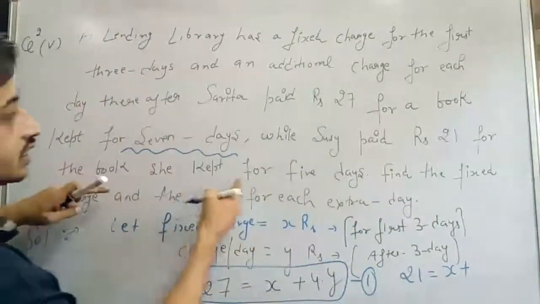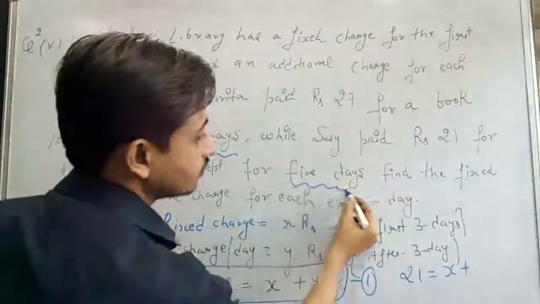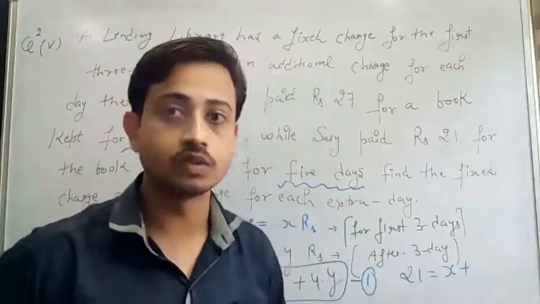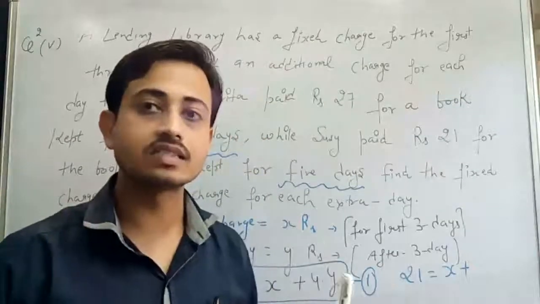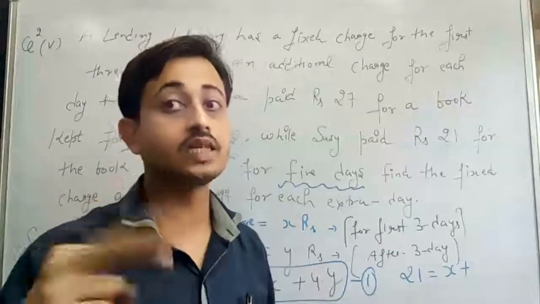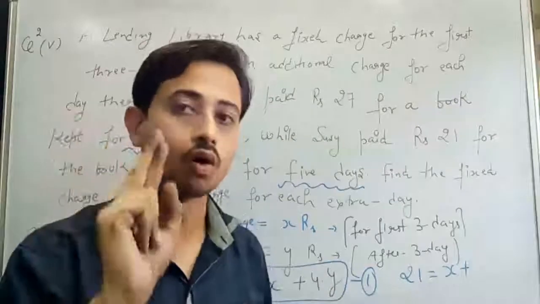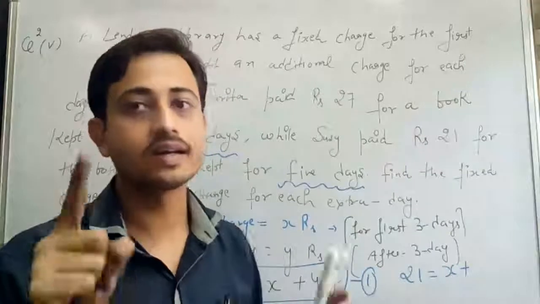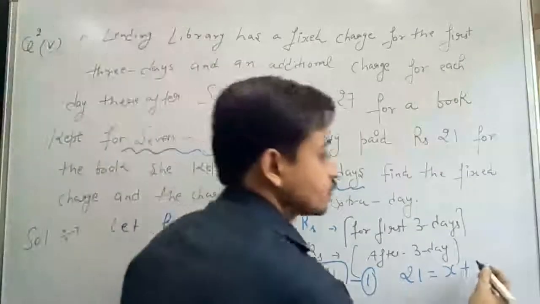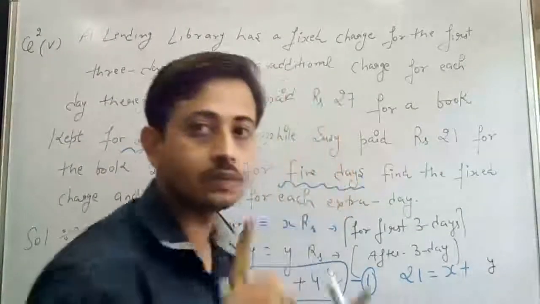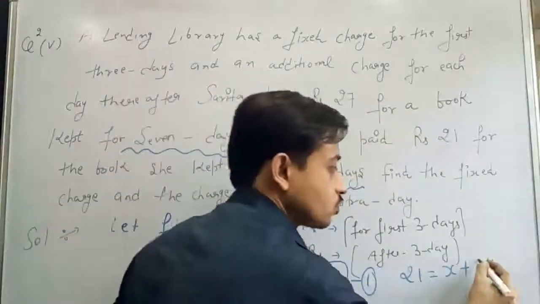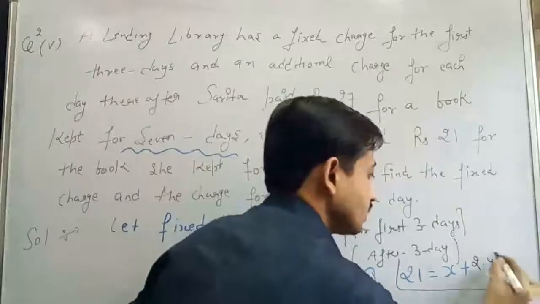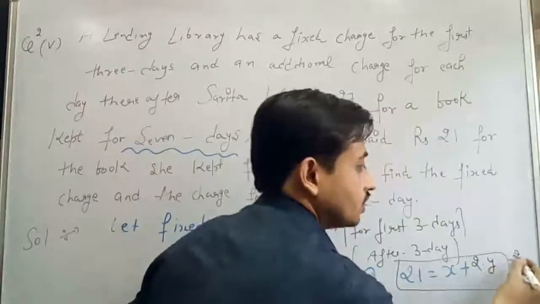She kept the book 5 days, so the remaining days are 5 minus 3, she kept it 2 more days. For those 2 days she also has to pay the charge per day, which is Y, so she has to pay 2 into Y. This is our second equation.